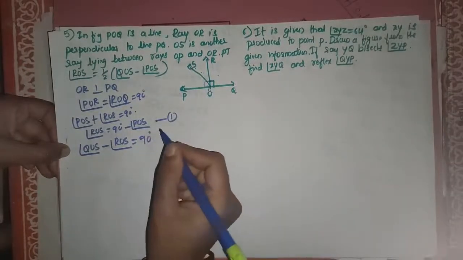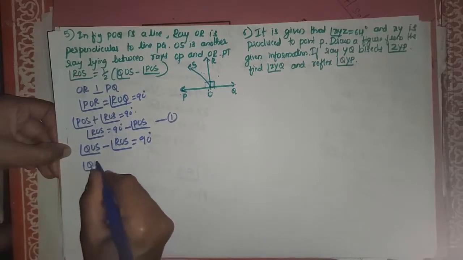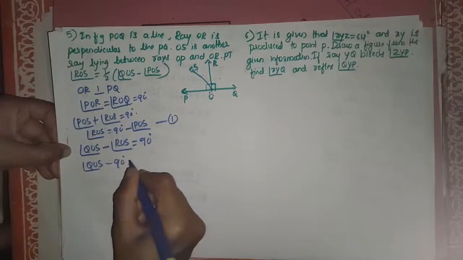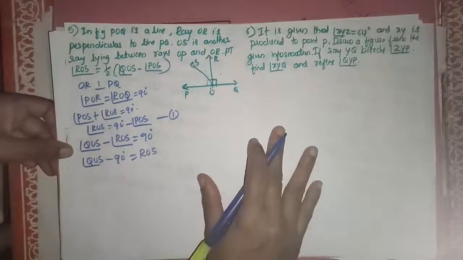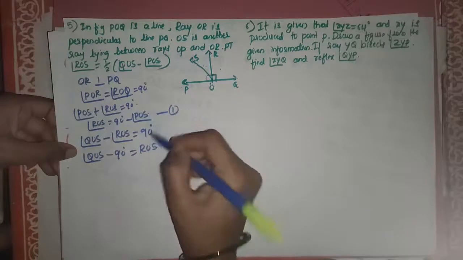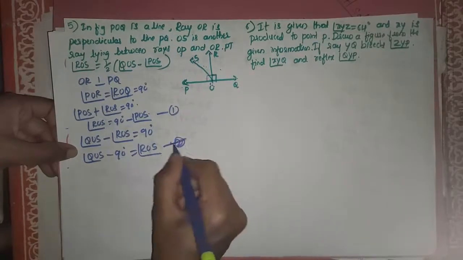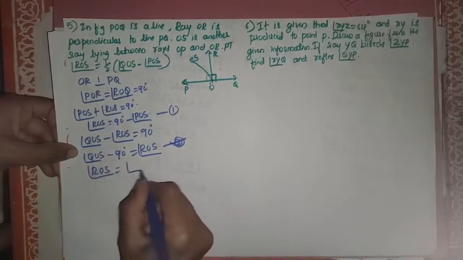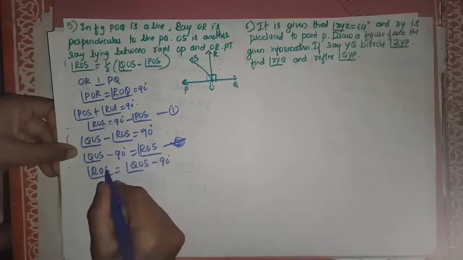So again we can write QOS minus 90 equals to ROS. I call this equation 2. First I write ROS is equal to 90 minus POS, and ROS is equal to QOS minus 90 degree.